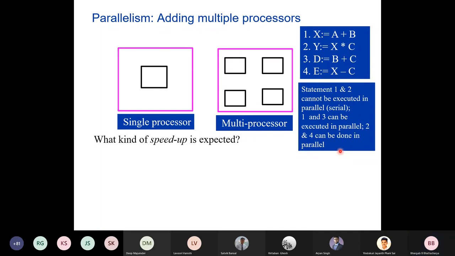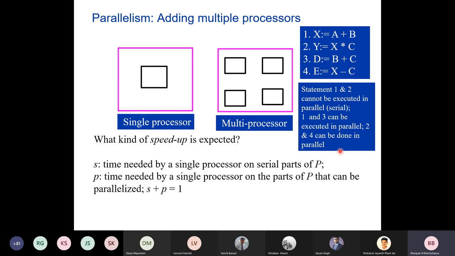Parallel components you can speed up, provided you have a parallelizing compiler. Assume that S is the time needed by a single processor on the serial parts of P, and P is the time needed by a single processor on the part of P that can be parallelized. And assume that S plus P is the total program, normalized to 1.